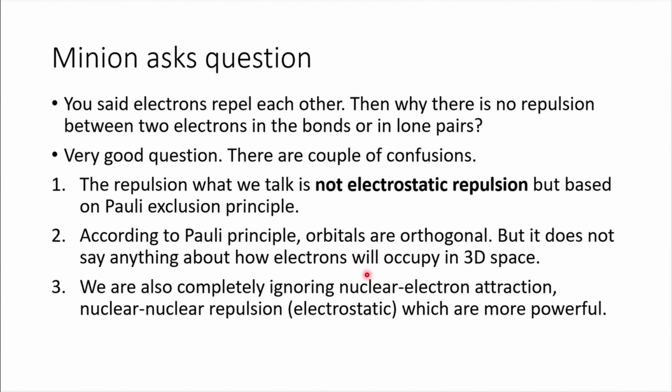So we cannot employ this for electrons which are occupying three-dimensional space. And we are also completely ignoring the nuclear electron attraction, which is extremely important, and the nuclear repulsion, which is also very powerful. So these are some of the limitations when we apply VSEPR theory. So you have to pay attention when we are applying VSEPR theory to large molecules.